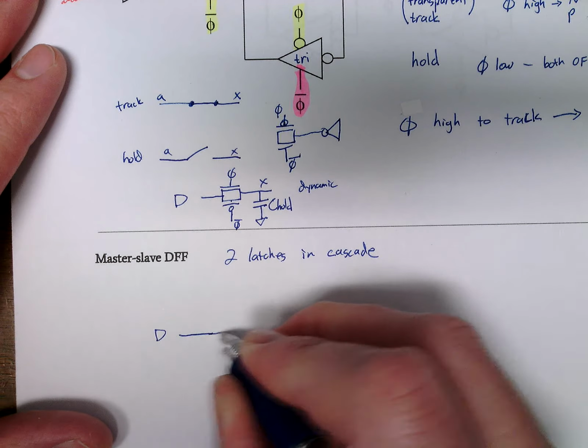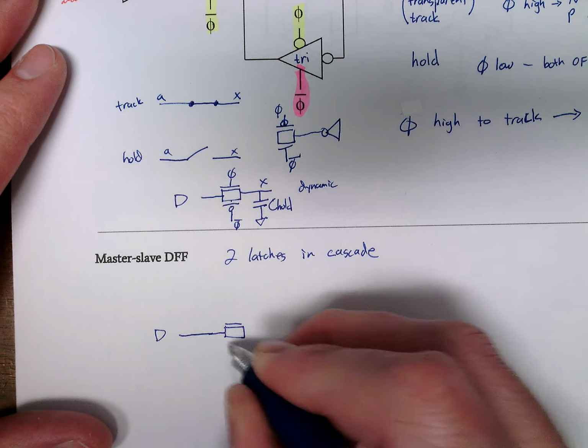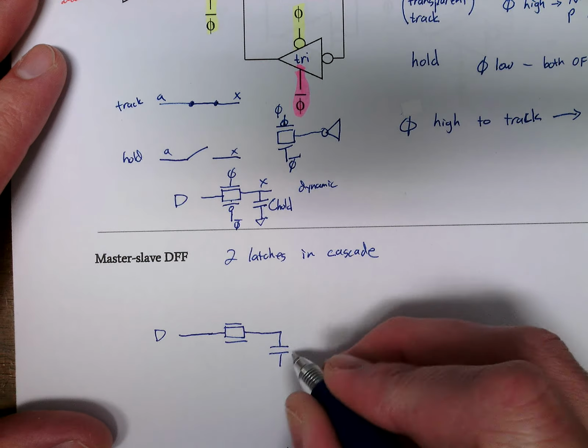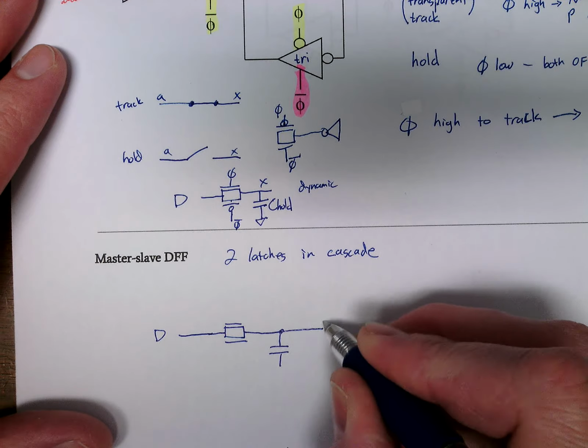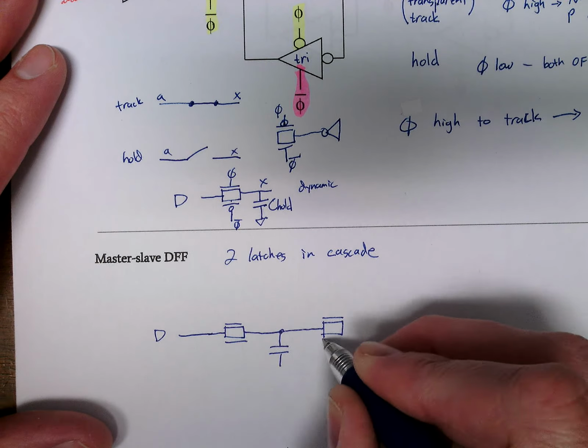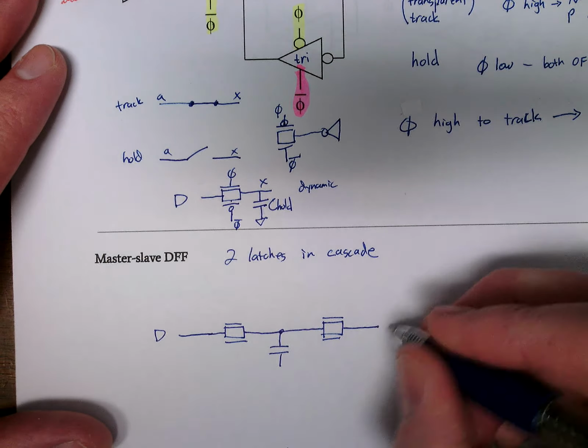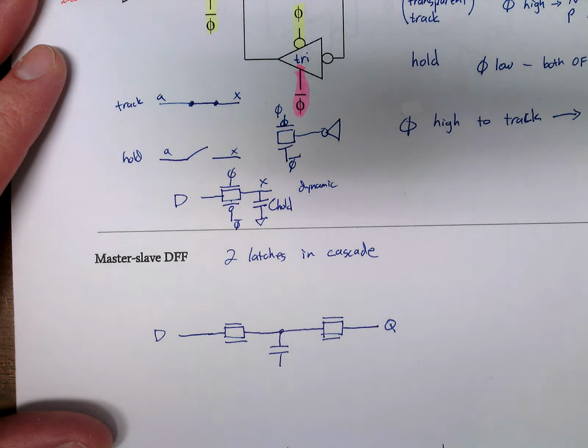Here's our transmission gate. Be careful here. Here's our implied capacitor, or capacitance. And here is, I guess this would be Q. There's no inversion in here.